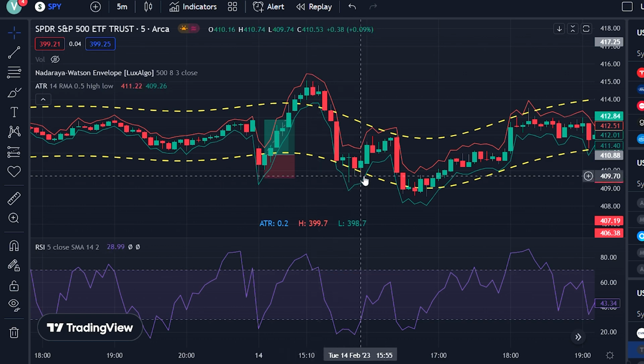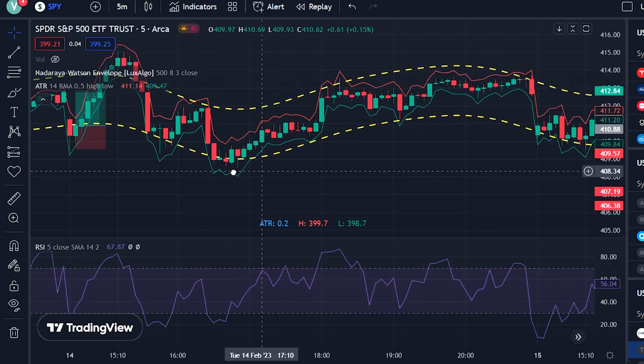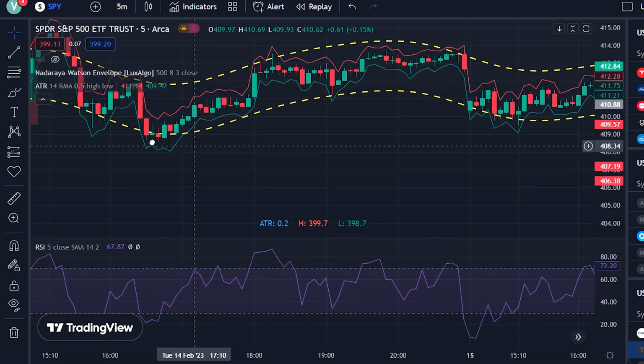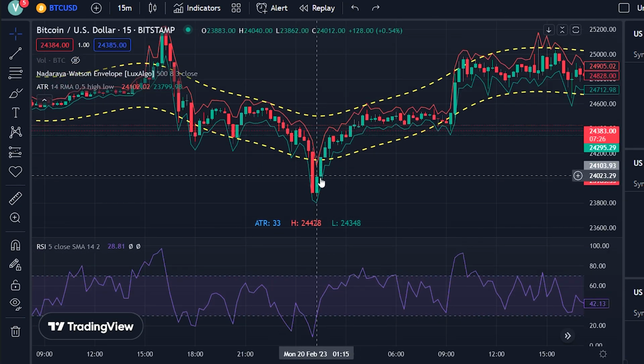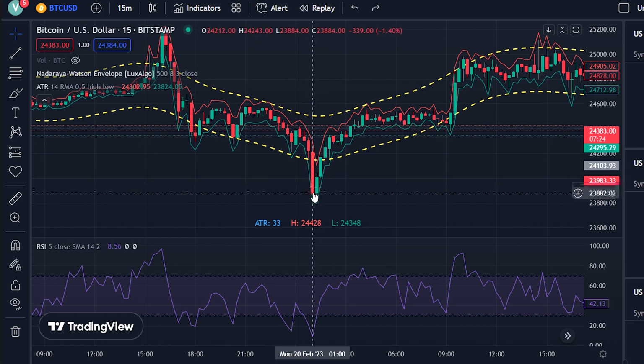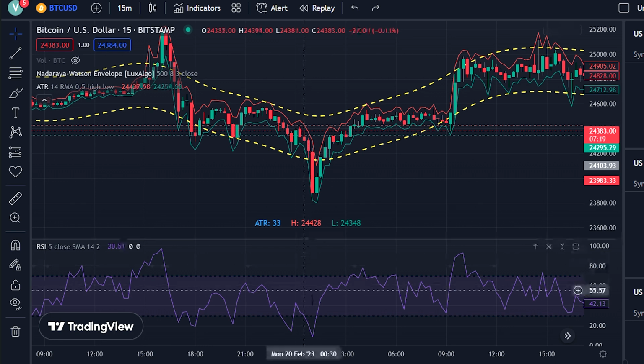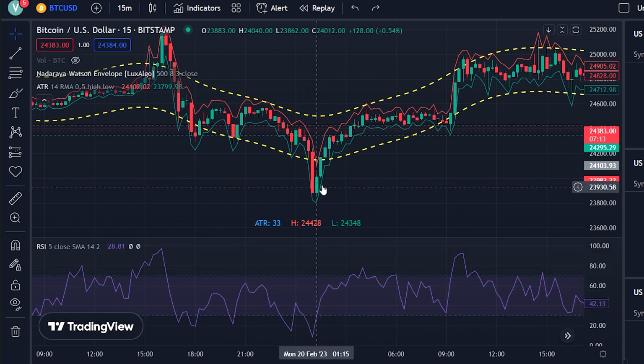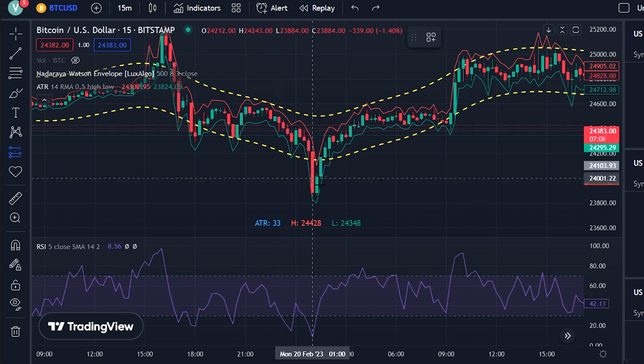For the short trade, you want the exact opposite. Here's another example, and I'm going to show you guys a bunch of examples, so make sure you watch till the end. Here's another example that works out really well for a long trade. Price action goes down, you've got the RSI in oversold territory, right below the 30, and you get a green candle.